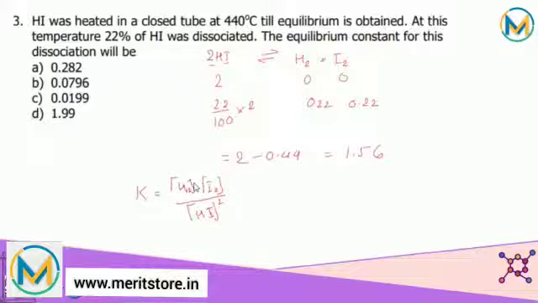Now when we substitute these concentration terms, hydrogen we have 0.22, iodine we have 0.22, and HI we have 1.56 the whole square. When we solve this out, it gives you 0.0199. So the correct answer for this question is option C, that is 0.0199.